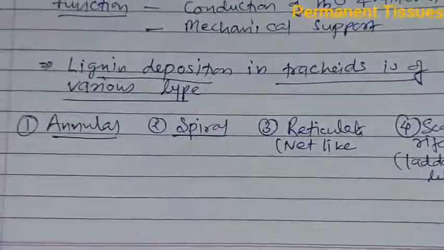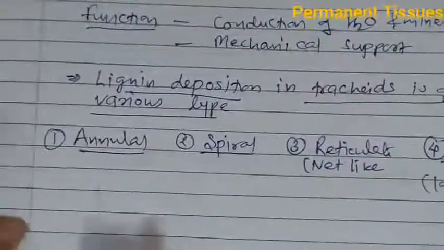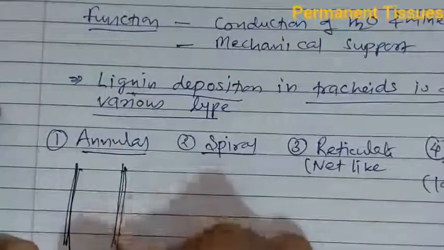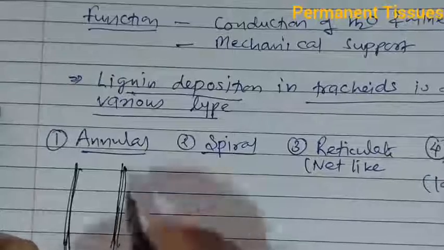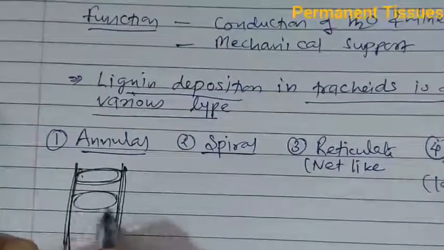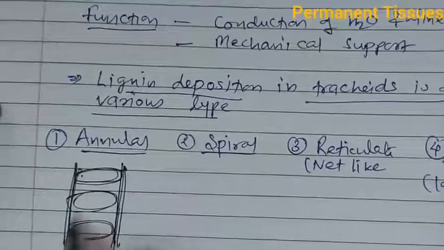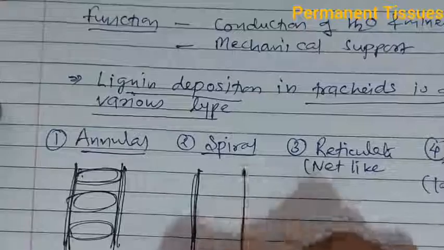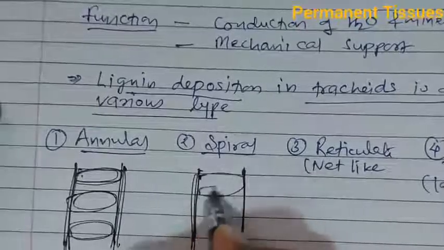So if we talk about the first, that is annular, when we see the tracheids internally, you will observe that they have a lignin deposition like this, annular. When we talk about spiral, in spiral the lignin deposition is like this.